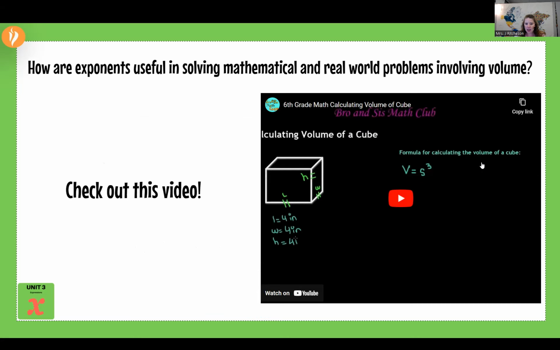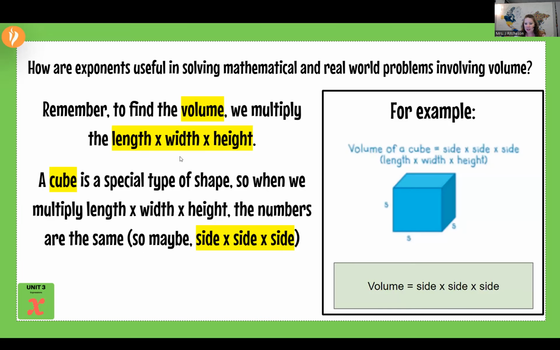All right, moving on to cubes. Finding the volume of a cube, you would multiply all 3 side lengths together because a cube is 3-dimensional, so you're going to multiply together 3 numbers. So a cube with each side length of S, to find the volume, you would multiply S times S times S, which is the same thing as saying S cubed.